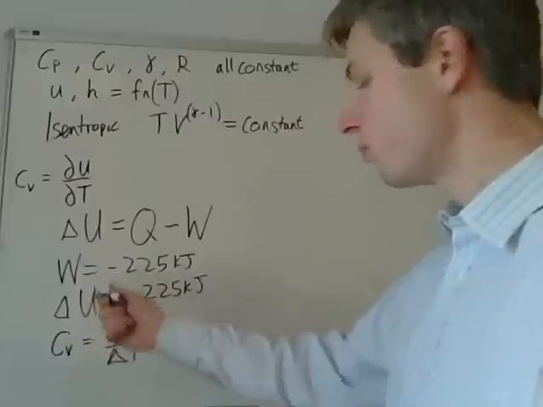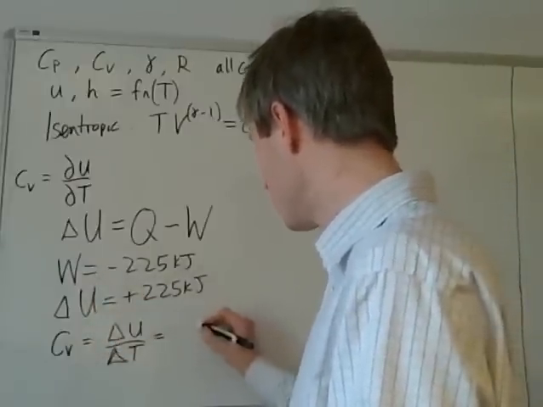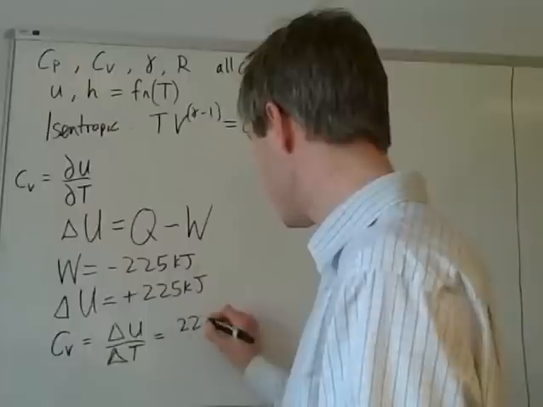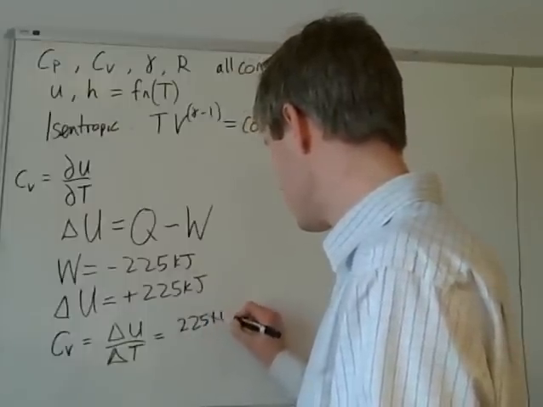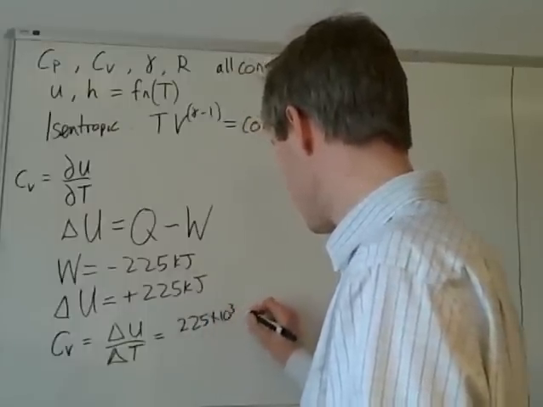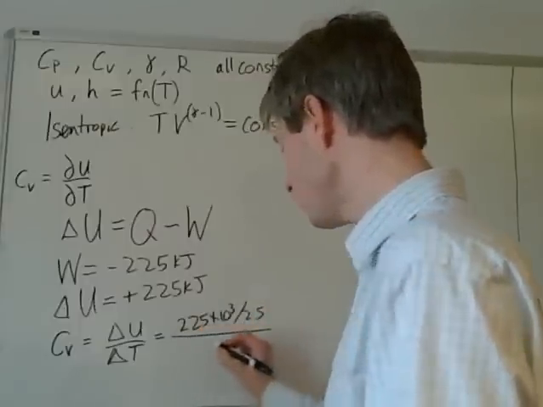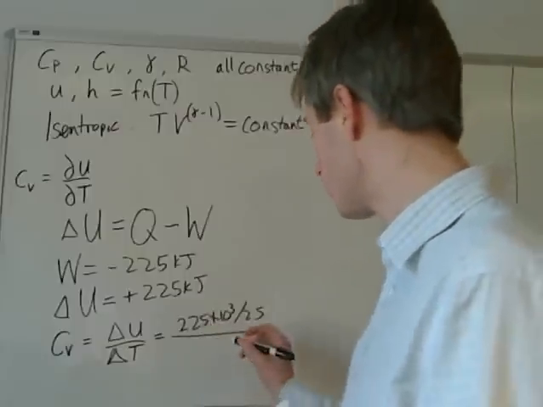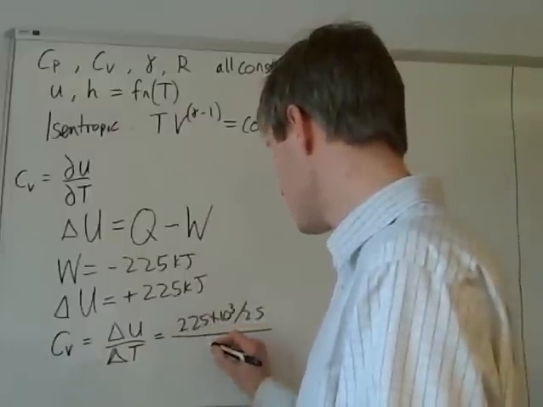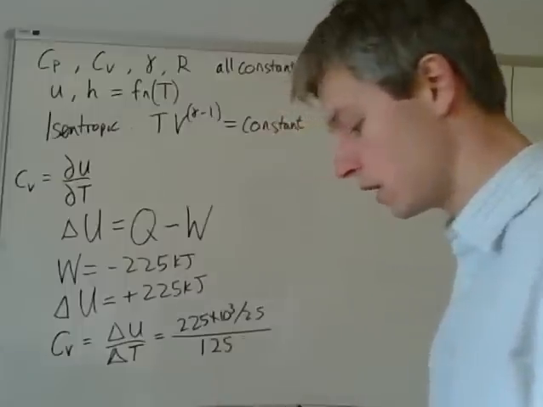And to get small u from big U, we need to divide by the mass, which was 2.5 kilos. So here we need 225 kilojoules, so times 10 to the 3 over 2.5 kilos, divided by delta T. And we've gone from 125 to 250 Celsius, so that's a difference of 125 Celsius or Kelvin.